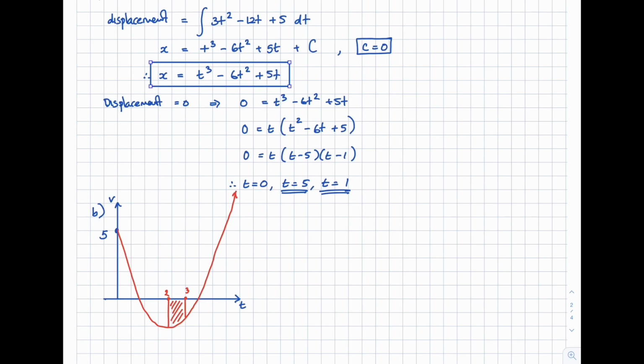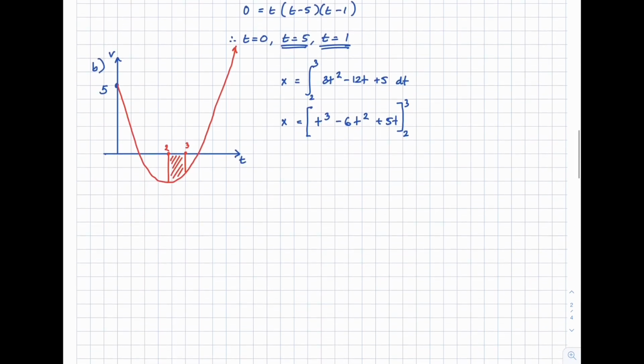So if I write it out in the following way, we're going to say, well, x is going to be found by integrating the velocity function with respect to t between t is 2 and t is 3. Well, we know what the result of that integral was. That was t cubed minus 6t squared plus 5t. Only now we're just going to introduce the square brackets, put your limits in, 2 and 3, and we're going to substitute.